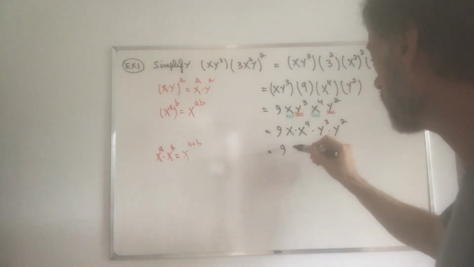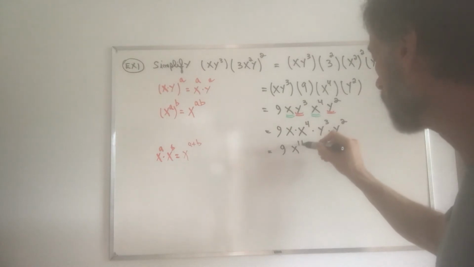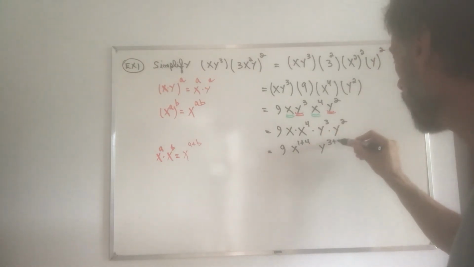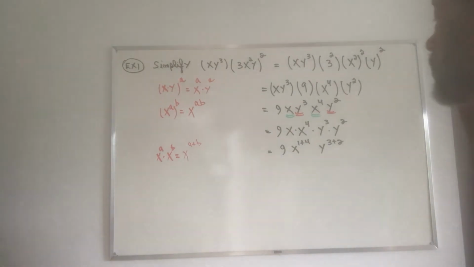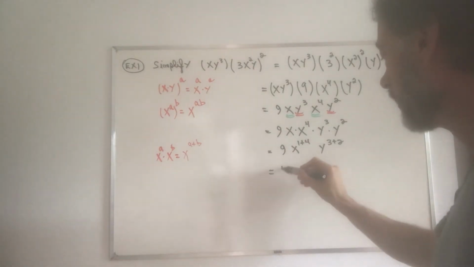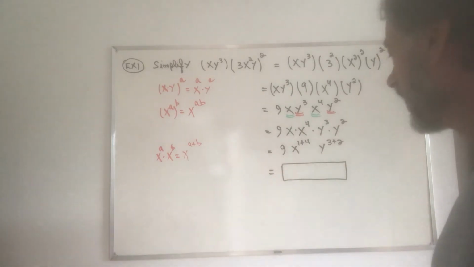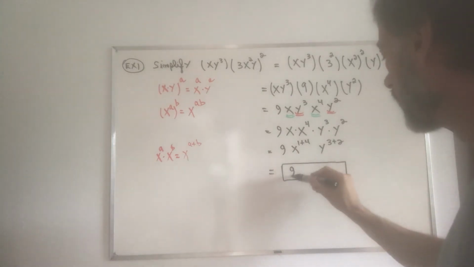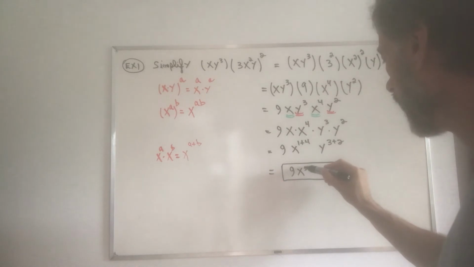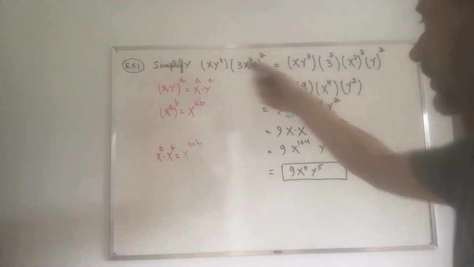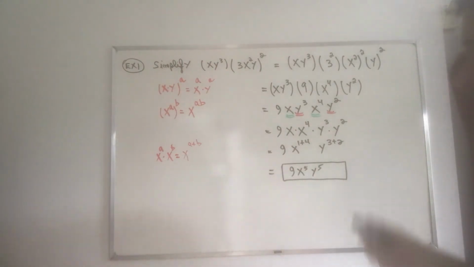This is x to the 1 plus 4 multiplied by y to the 3 plus 2. Final answer, which is what I want to box because I am done, is 9x to the 5 y to the 5. So this expression here boils down to that.